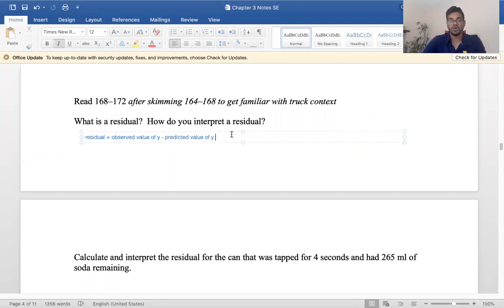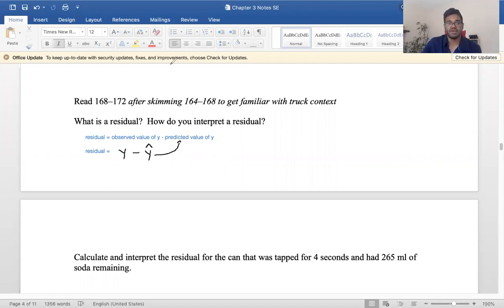So when we write this out, you have your residual is equal to, and then in your textbook, when you look at different formulas, you're going to have y minus y hat, where y hat represents your predicted value. Whenever you see this hat symbol, you look at the predicted value. So this and this correspond to each other.